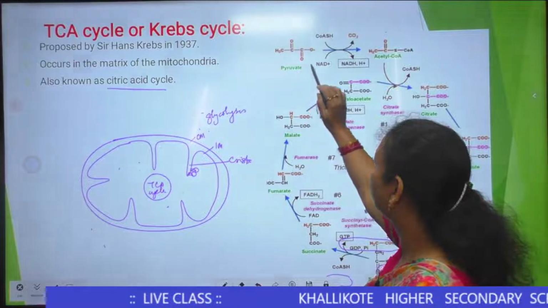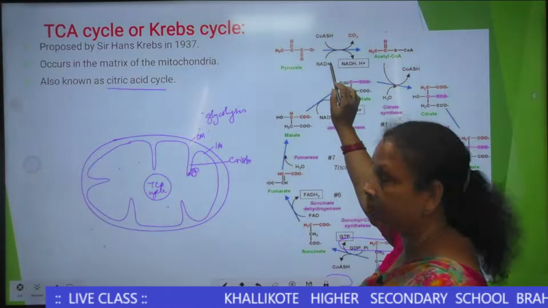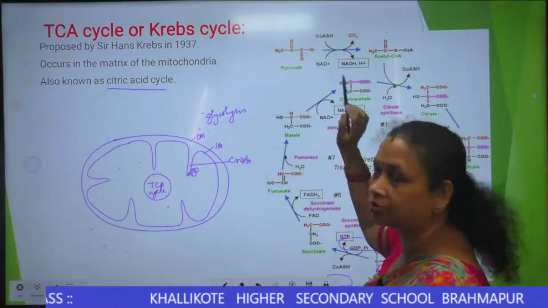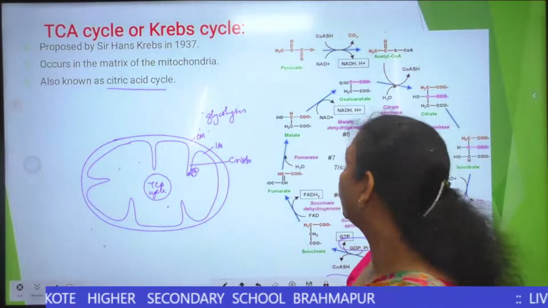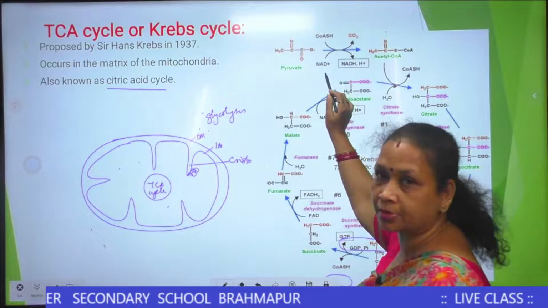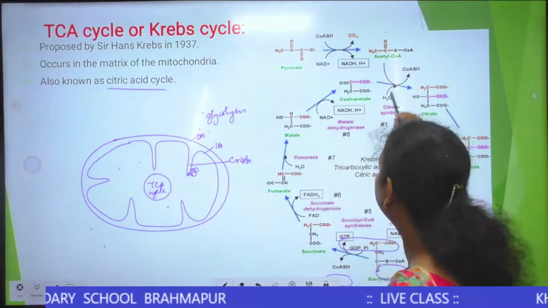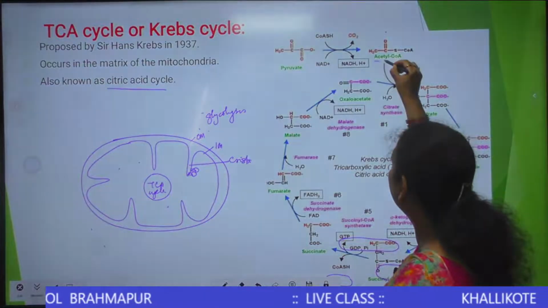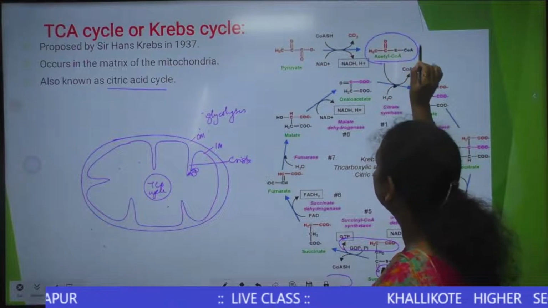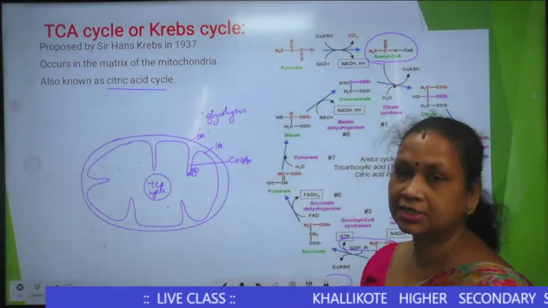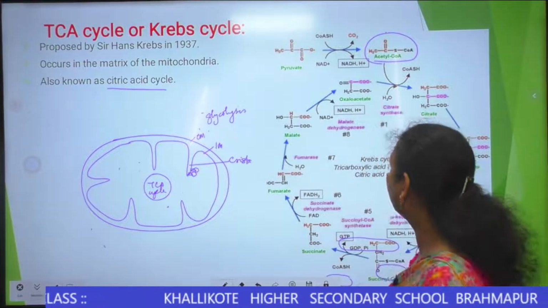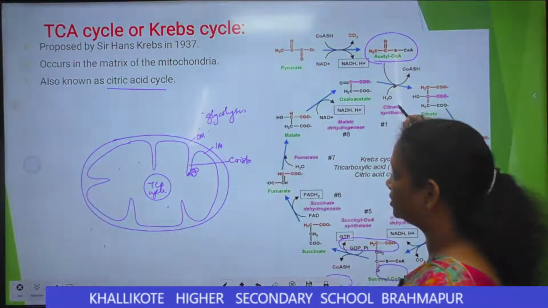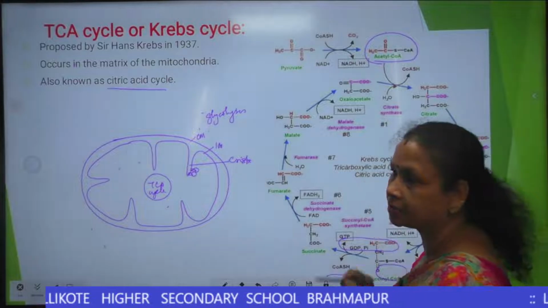So, looking at the reactions that occur for TCA cycle, the first reaction that we had seen, that is pyruvate molecule taking up coenzyme A, losing a molecule of carbon dioxide and also getting oxidized, where hydrogen is accepted by NAD plus, forms the molecule acetyl coenzyme A. So, what is formed is acetyl coenzyme A. Acetyl coenzyme A enters into the Krebs cycle.